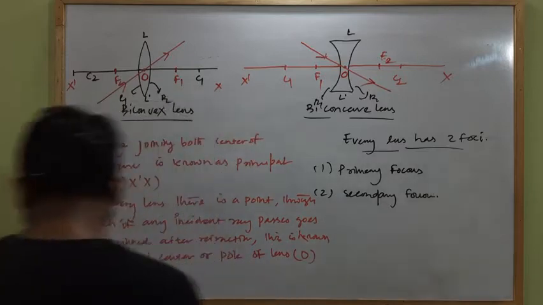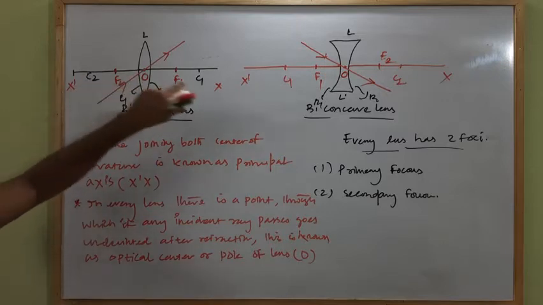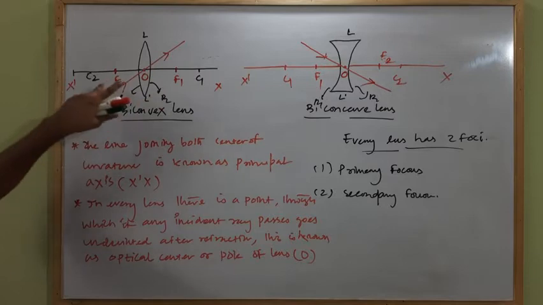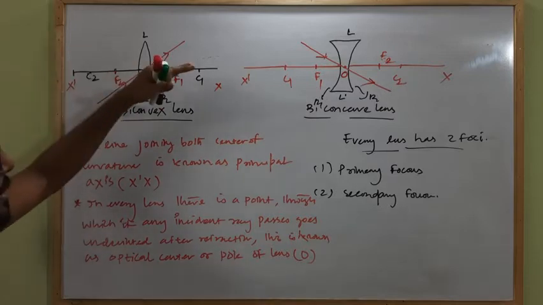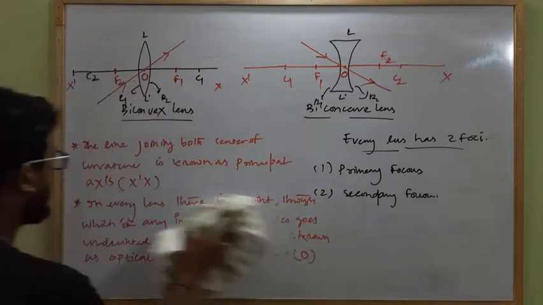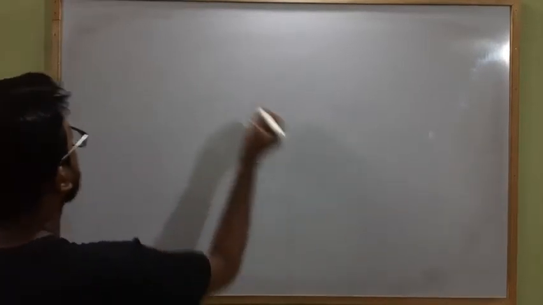So what is primary focus and what is secondary focus? So you have to remember these terms. What is optical center, what is center of curvature, you already know. What is radius of curvature, you already know. What is principal axis. Then we have to study what is primary focus and what is secondary focus. Okay, so now we are going to discuss what is primary focus.